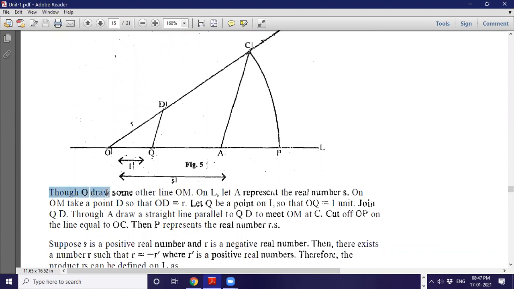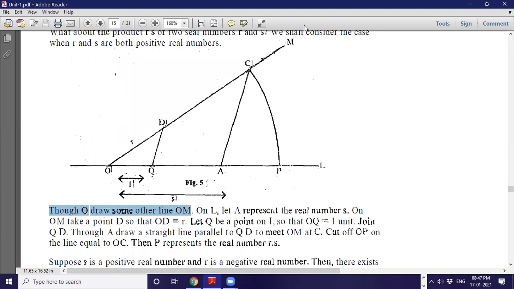Draw O, draw some line OM. On L, A represents a real number, this S, and on OM take a point D so that OD is equal to R. This is R. And let Q be a point on L such that OQ is equal to 1 unit. Now we join this QD.